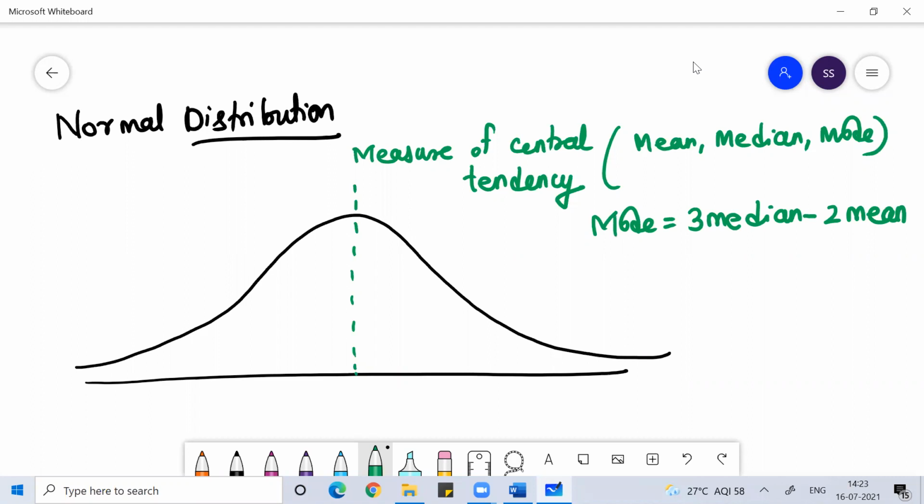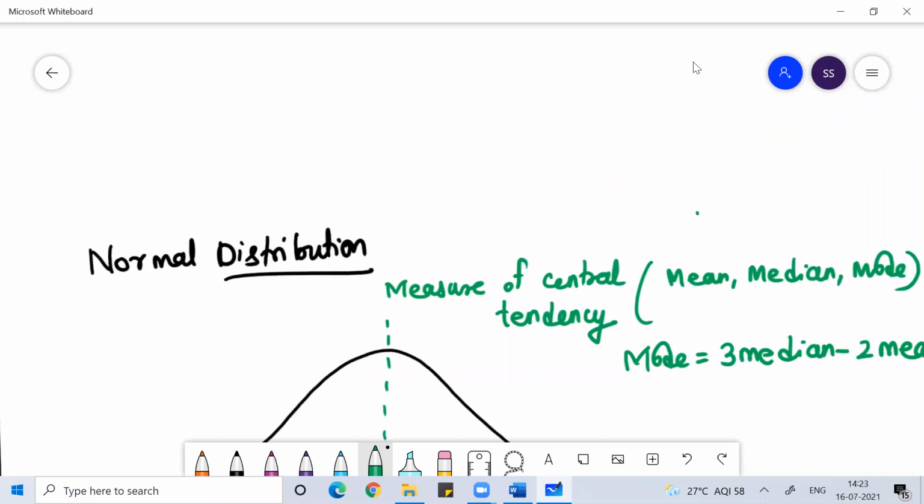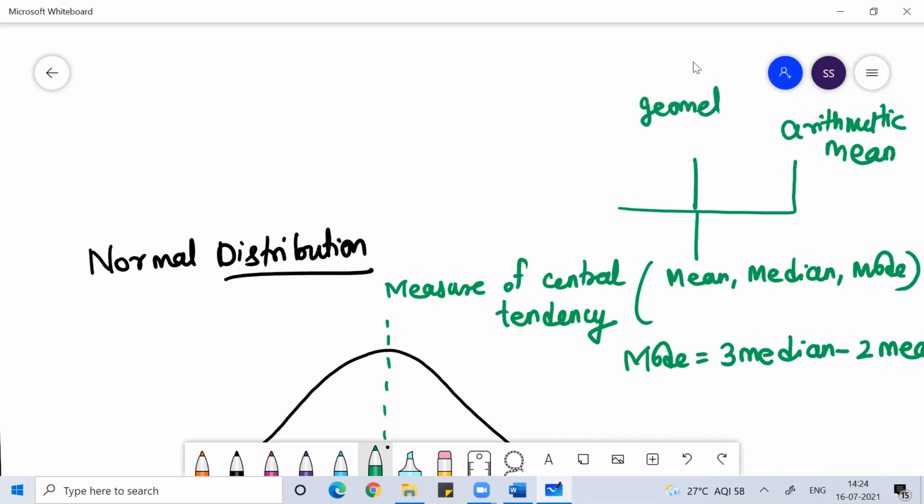If you go into detail to understand mean, it can be arithmetic mean, geometric mean, or harmonic mean.